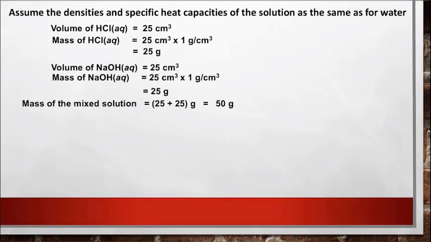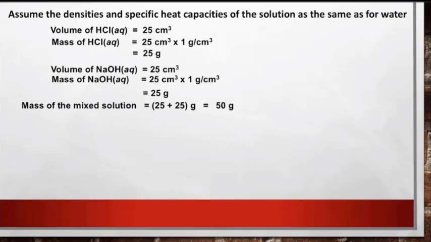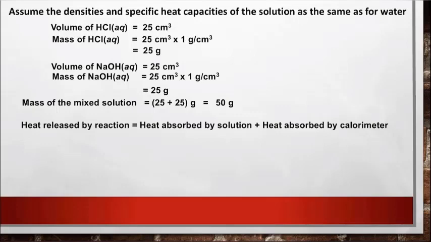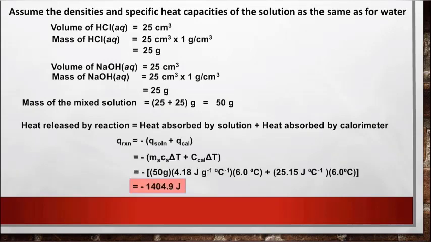Hence, the mass of the mixed solution is 50 grams. You have to take into account mass of both solutions since this reaction involves two reactants. Once you have calculated the mass of the solution, you can now substitute all the values into this formula, like this.